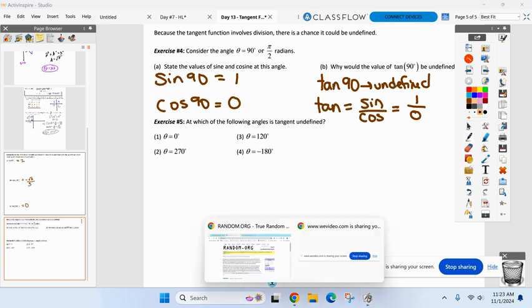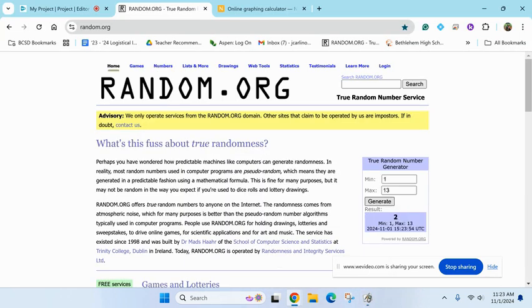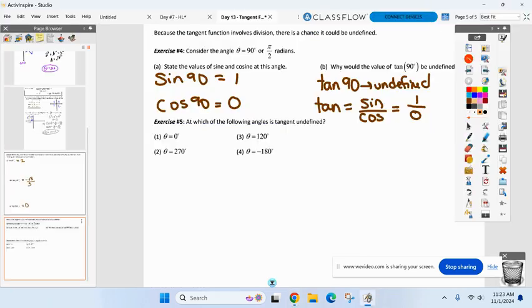When you have it, let me know. Marat, when you're ready. 270, good. Tangent of 270 undefined, yep.